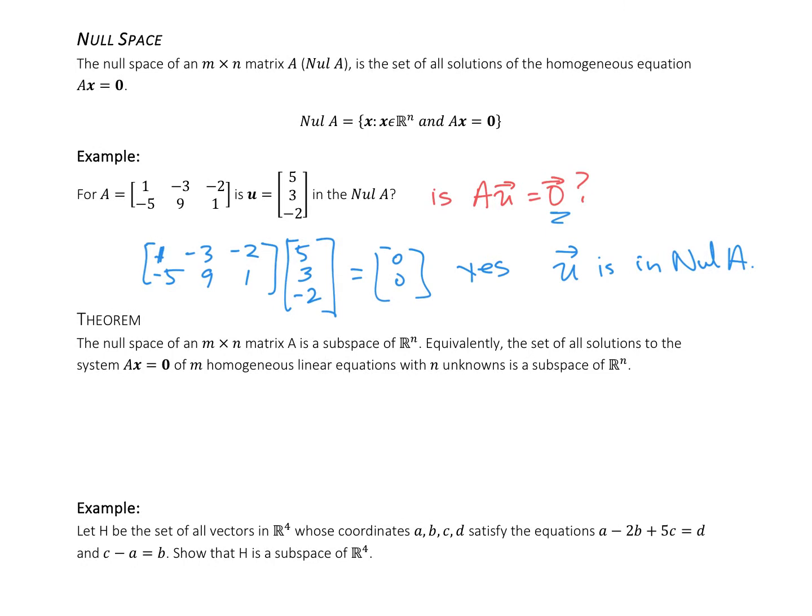The null space of A is a subspace of Rn. So notice here that this is a 2 by 3 matrix, and this is a 3 by 1 matrix, so the result is a 2 by 1 matrix.